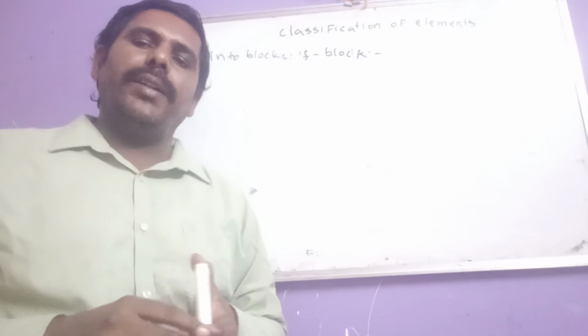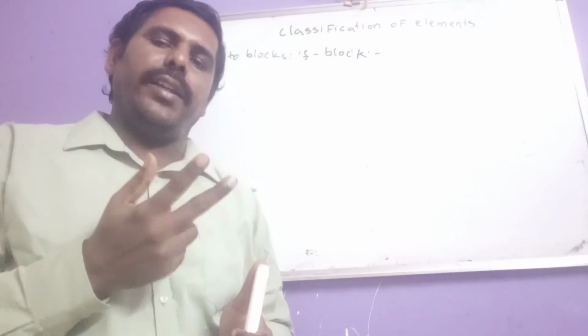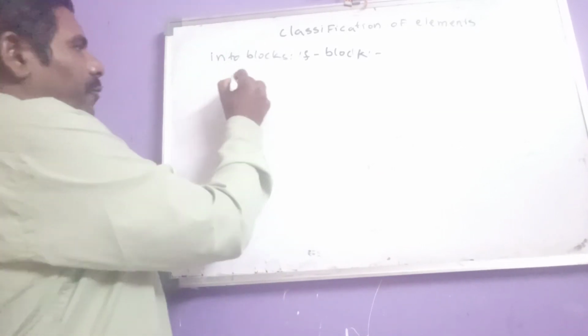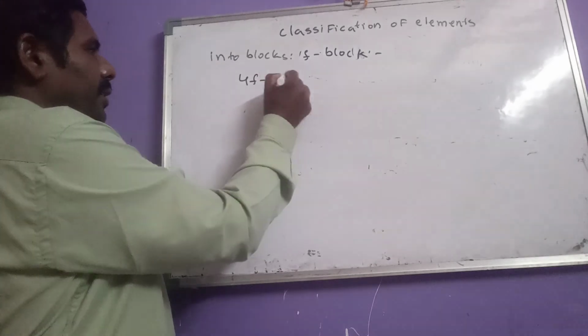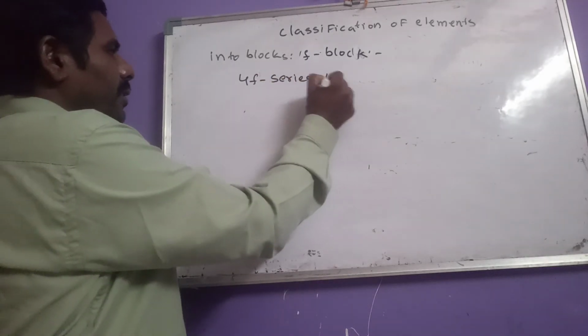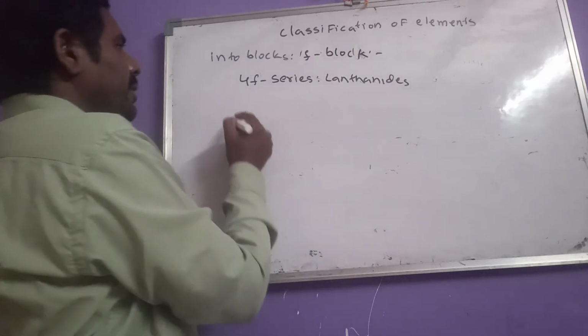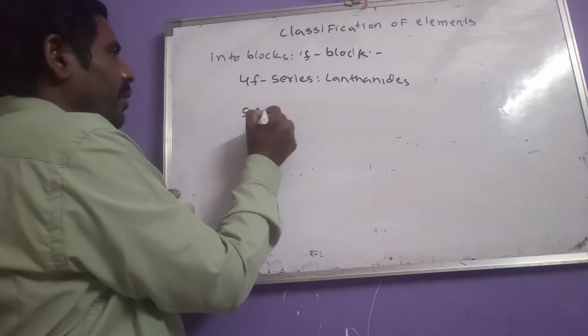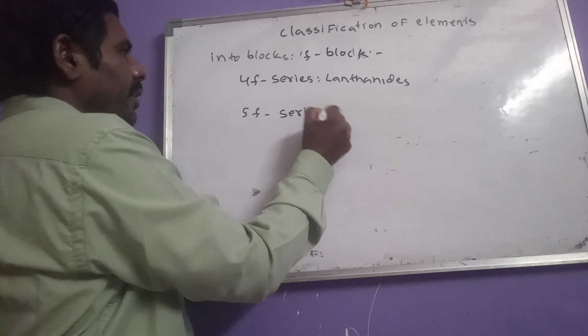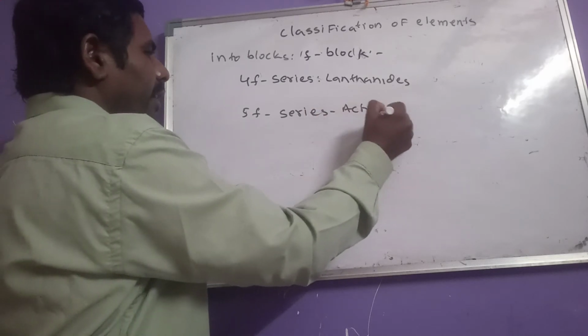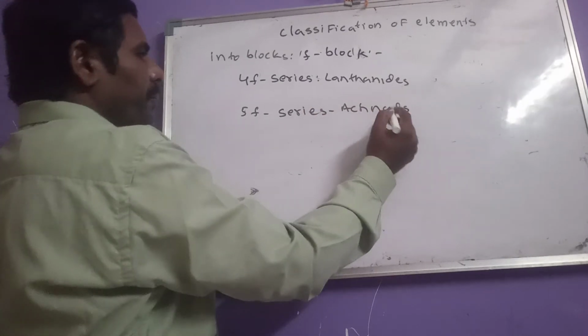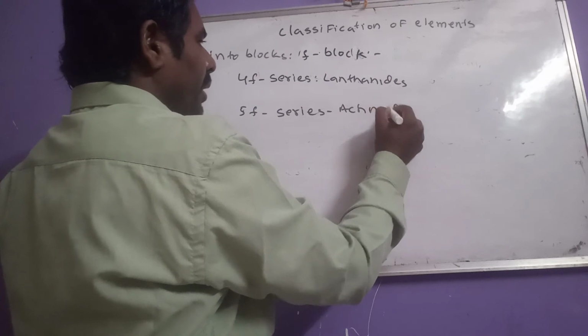F block elements are of two series. One is the 4f series, known as lanthanides. And the second one is the 5f series, called actinoids.